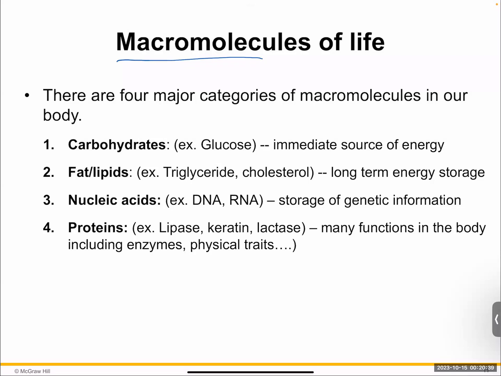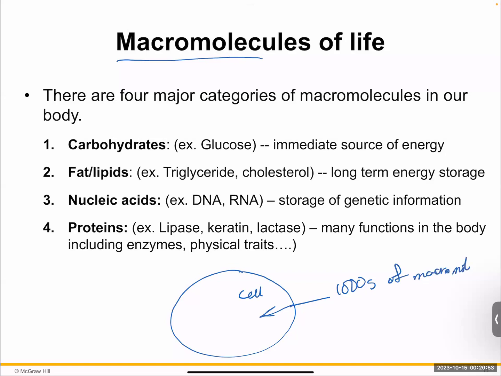If this is my cell, within my cell you have thousands upon thousands of what we call macromolecules. And if you're not familiar with the word, macro basically means large. So within your cell, you have these really large molecules that are responsible for specific functions.